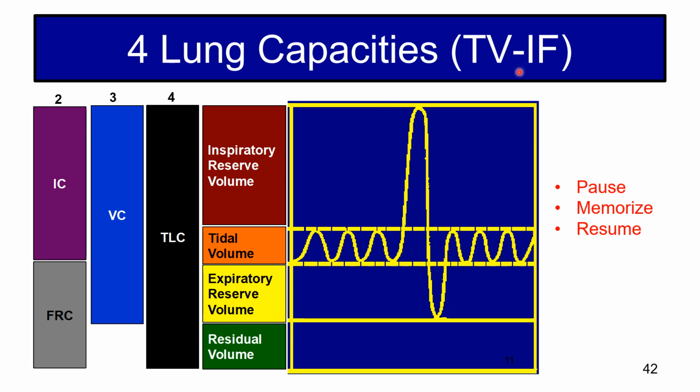I stands for inspiratory capacity, which contains the two upper lung volumes, and F stands for functional residual capacity, which contains the ERV and residual volume. Again, I want you to pause, memorize, and resume.